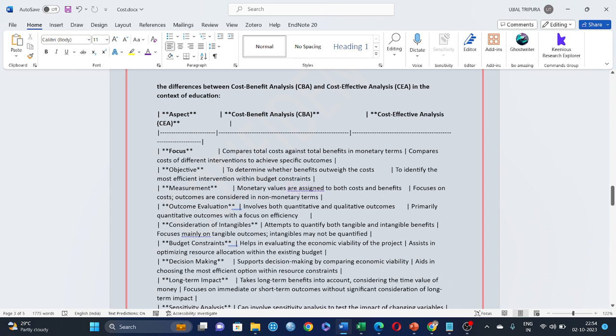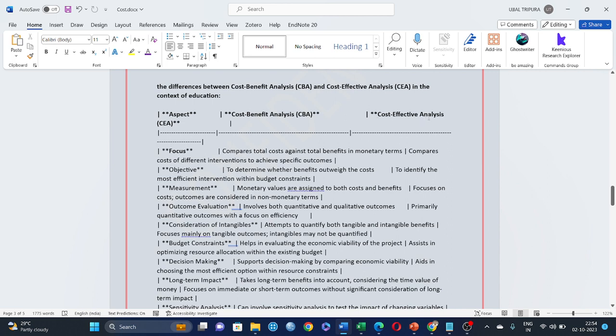Regarding measurement, monetary values are assigned to both cost and benefit. So here two things are measured on the basis of monetary value. In cost effective analysis we are focusing on the cost, but outcomes are considered in non-monetary terms.